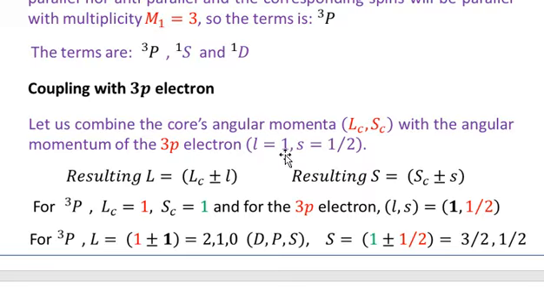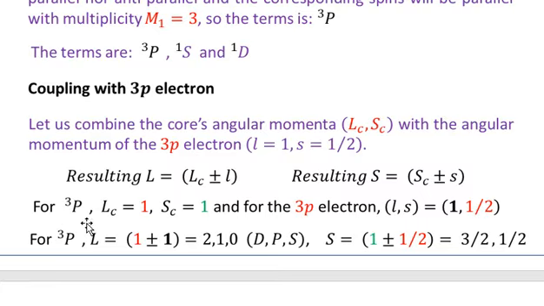And when I combine the angular momenta Lc, Sc with the angular momentum of the 3p electron, the resulting value of orbital angular momentum L and the spin angular momentum S will be given by this relationship. And here I am writing the total. This L will stand as the total value of the orbital quantum number, and this S will stand as the total value of the spin quantum number. So let's obtain these two values for the 3P state.